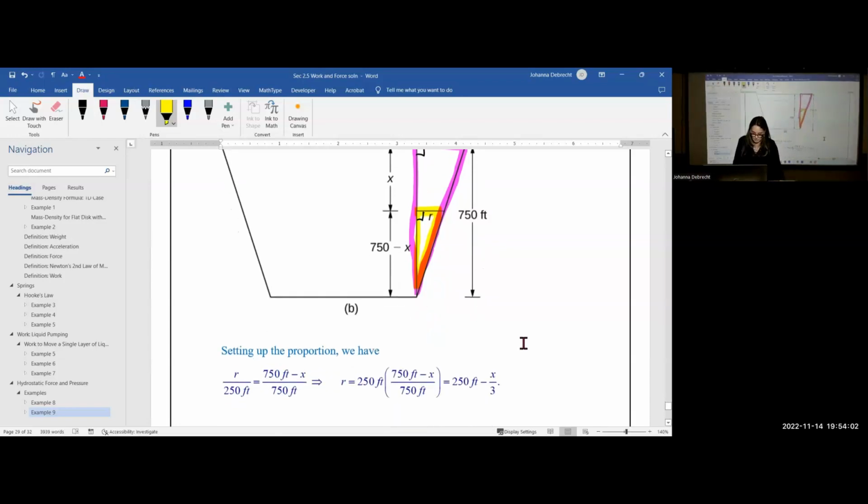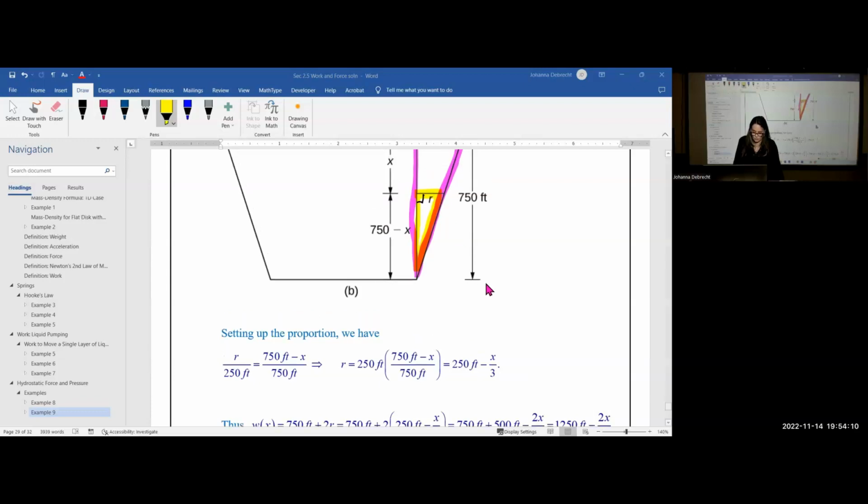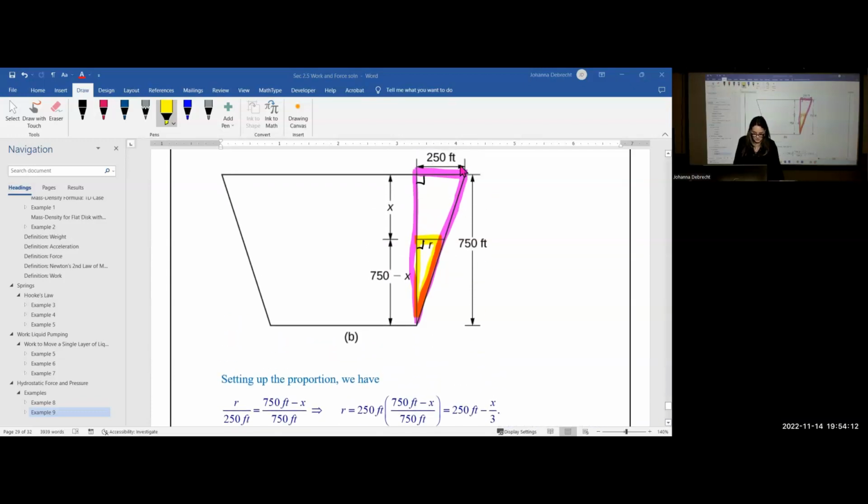So now down below, you can see that I set up the proportion. So I have R, which is this horizontal measure, over 250 feet, which is this horizontal measure, equal to, and now I need the depth here from the top of the dam, not the depth of the water, but the depth from the top of the dam.